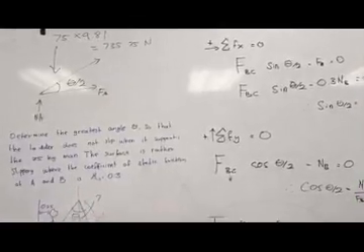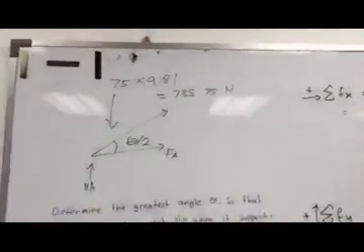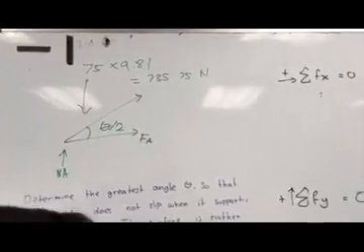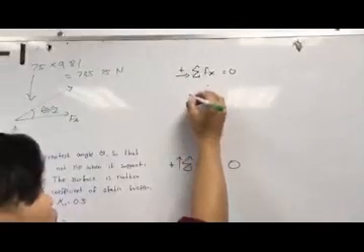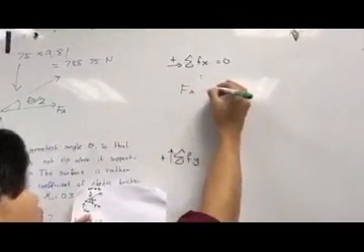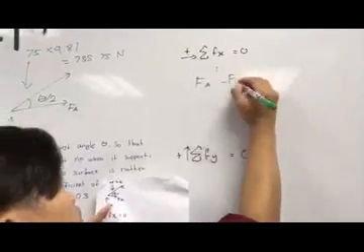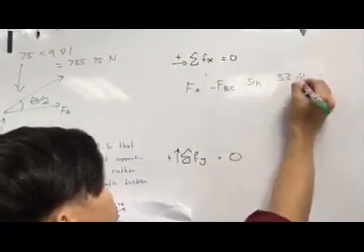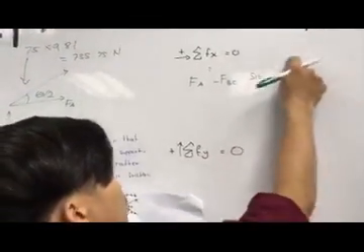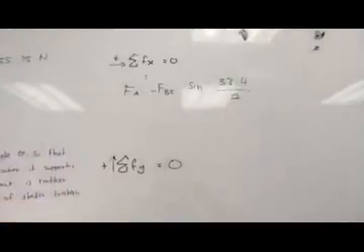Just like before, we need to do summation of Fx and summation of Fy. Summation of Fx is equal to 0. From this free body diagram, FA minus FBC sine 33.4 over 2 equals 0, where 33.4 is from the first free body diagram we did just now.